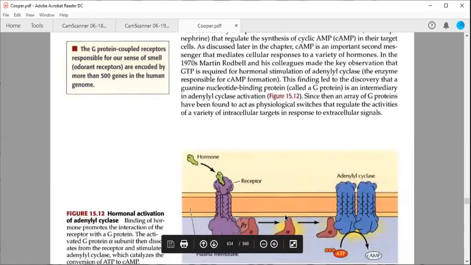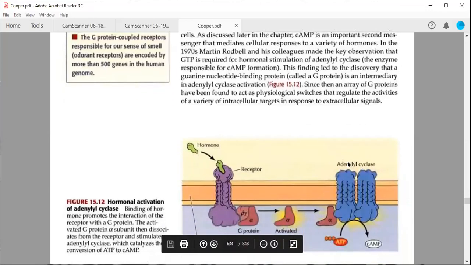They saw that GTP is required so that adenyl cyclase can be activated, and this GTP is required by the alpha subunit of this G protein.